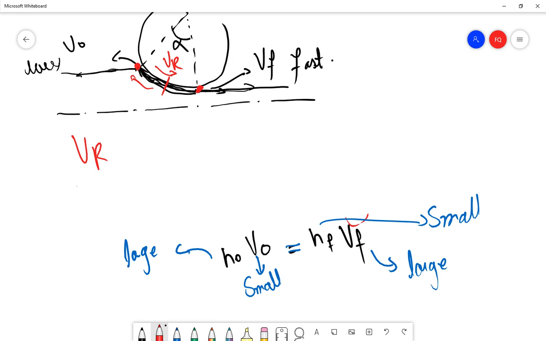So here the material is flowing faster and here the material is flowing slower. On the other side, let me use different arrows. On this side the roller is moving slowly, and here the roller is moving fast. Is that clear?